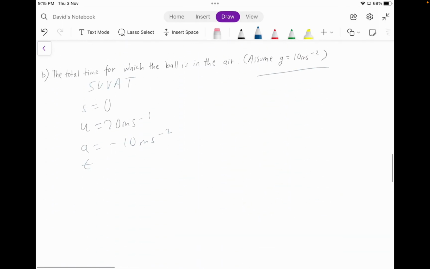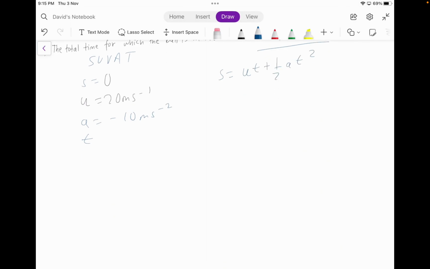So s is equivalent to ut plus half at squared, where displacement is 0, equivalent to 20t plus half times negative 10 times t squared. So that's 20t minus 5t squared, which is equivalent to 0. If you rearrange this, you're going to get negative 5t squared plus 20t equivalent to 0.